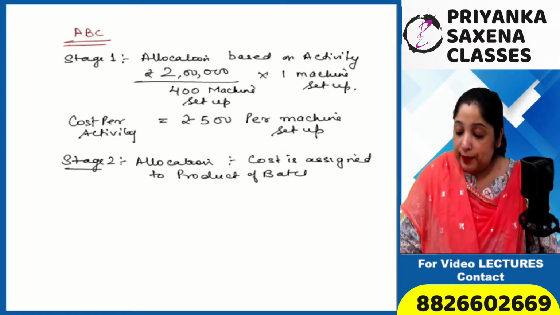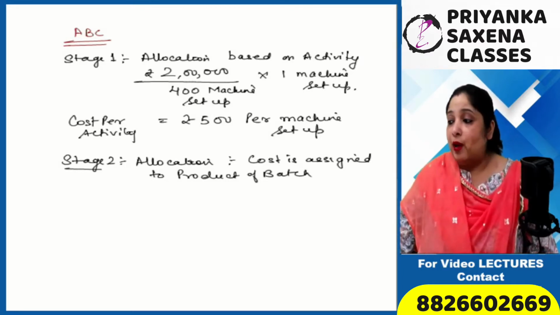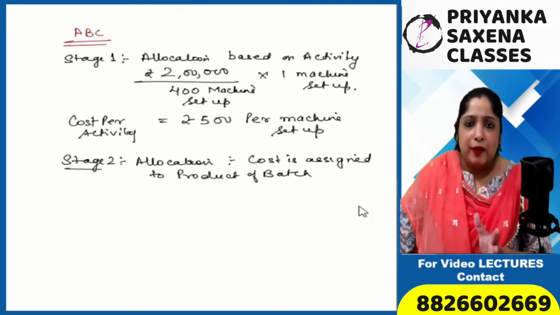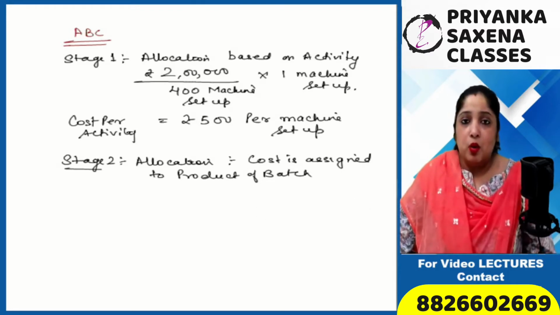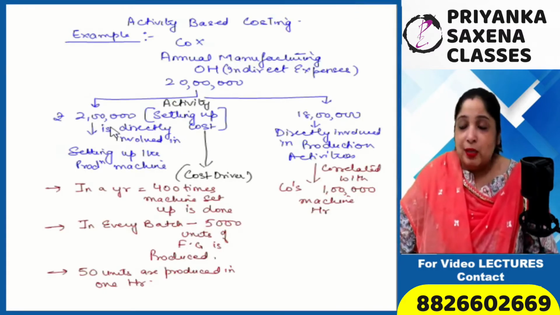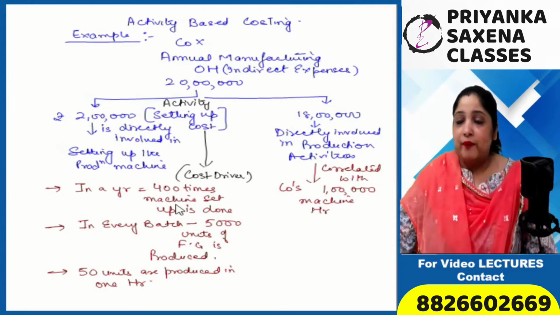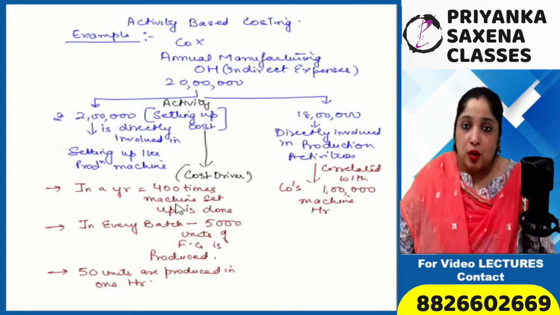This is also very important. Using heavy language will only make the concept tough. Otherwise, even a layman can do this calculation. Basically, 2 lakh rupees is spent on 400 times the activity, so every time you set up a machine, 500 rupees cost is spent.